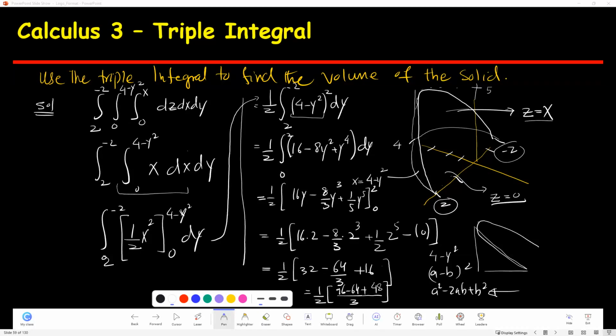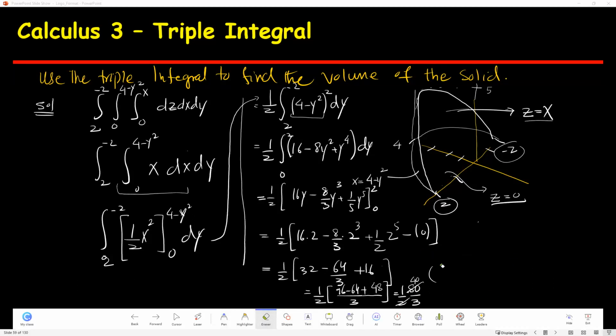So let's do it: 96 minus 64 plus 48, divided by 3. So it's 80 divided by 3. This one may be 40. Okay, let's erase this thing. Maybe we just leave it here.